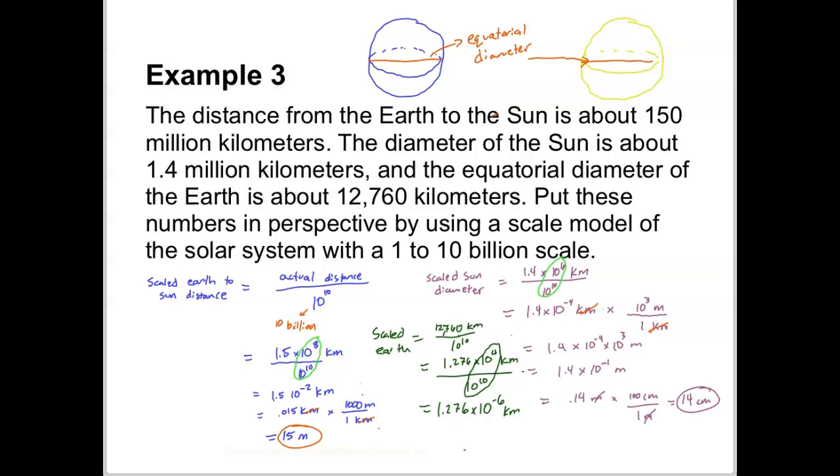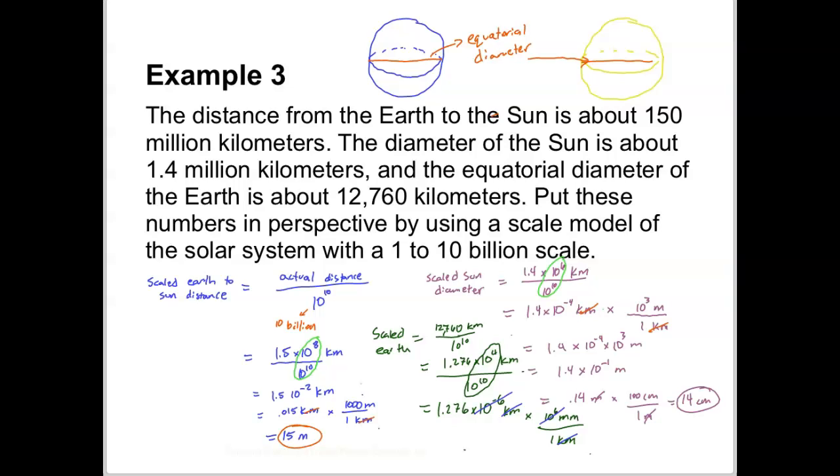All right, and then I'm actually going to convert this one. This one's so small that we're going to convert to millimeters. I'm just going to tell you that there are 1 million millimeters, so 10 to the 6 millimeters, in 1 kilometer. So kilometers cancel. 10 to the negative 6 times 10 to the 6, those just divide each other out.